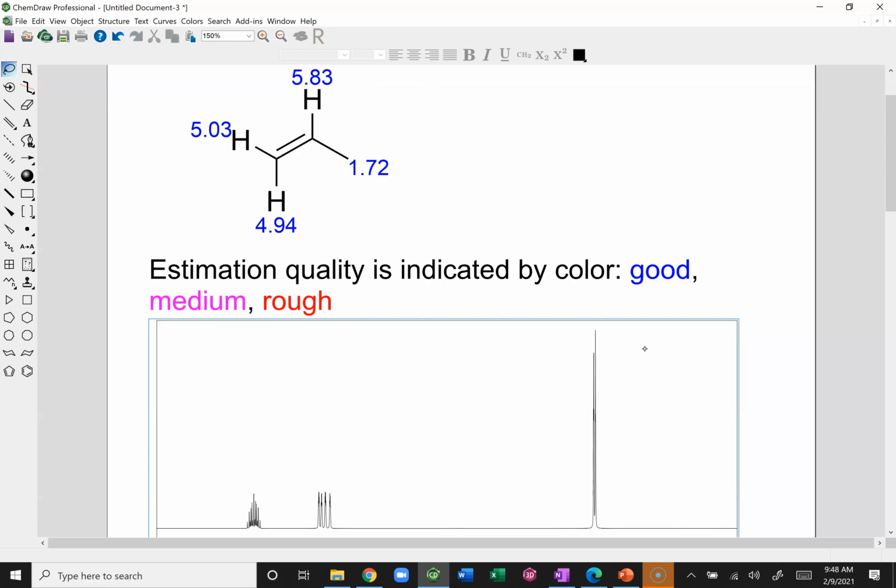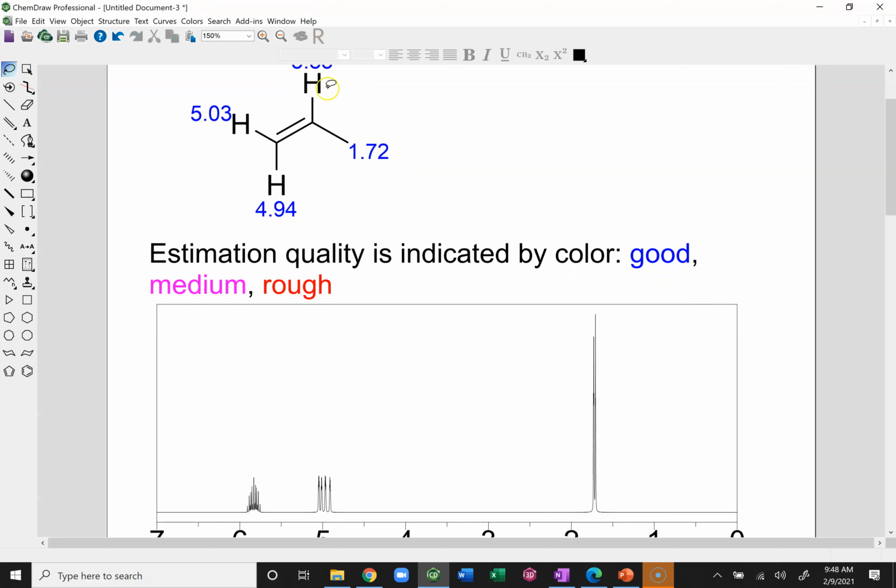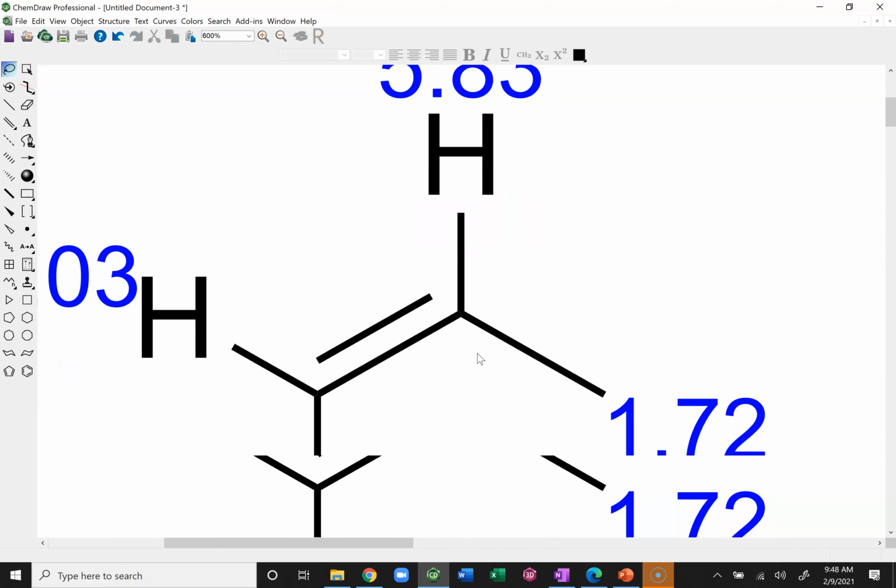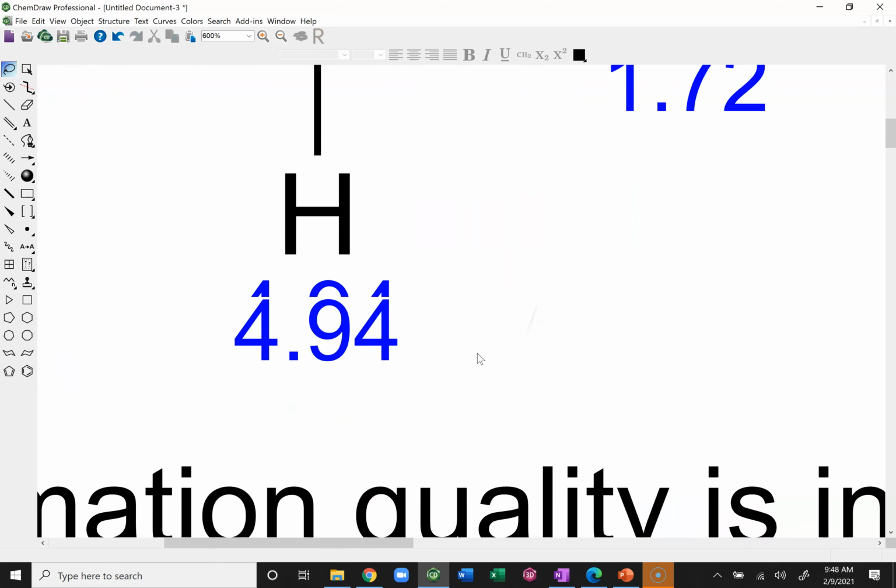And then remember that HC is the one on the top, right? If I hover over it with my mouse, it tells me which one is down there. You see it in green? Let's blow that up.